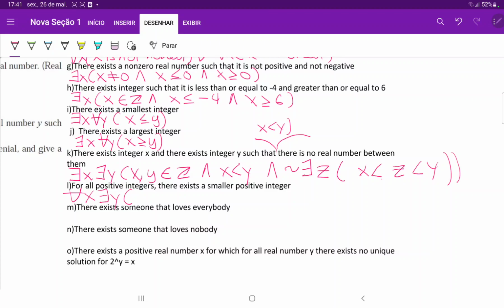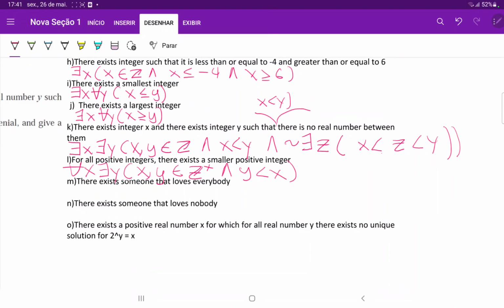Oh, but we have to indicate that they're positive integers, so we're saying x and y belong to the set of positive integers, so we denote this with a plus. And y is less than x. So we're saying for all x, there exists a y that is less than x, right? So there exists the smallest one.